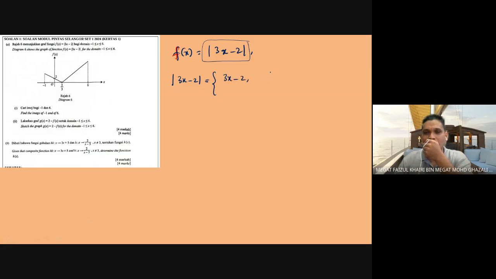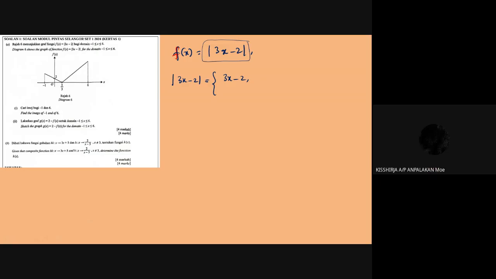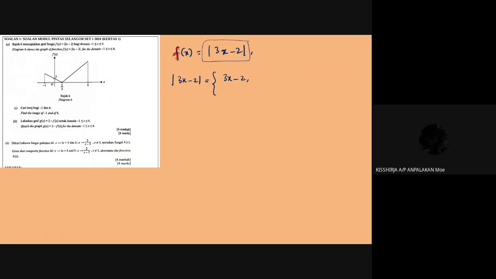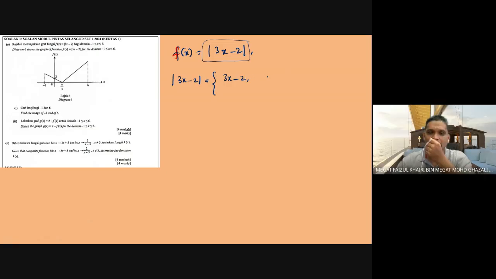Okay, what is the domain of this? What is the domain for this function here? 3x minus 2. Make it greater than or equal to 0, then 3x greater than or equal to 2, then x greater than or equal to 2 over 3.